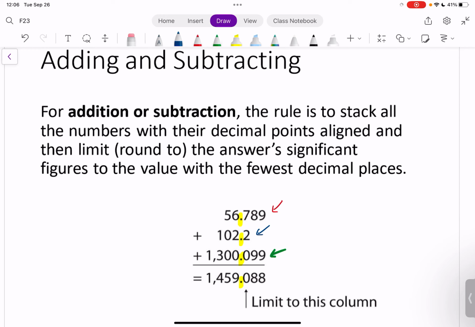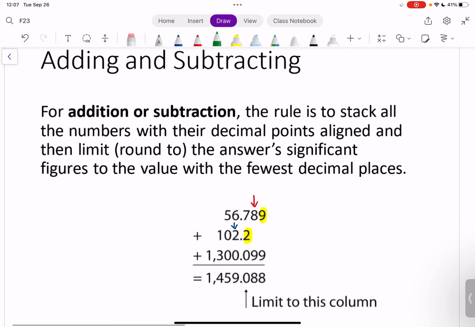And why is that? So think about the more accurate number is the one where you have more and more decimal places that you are certain of. So in this red one, we are certain to this decimal place, and this highlighted one is our estimated digit. In the next one, in our blue example, we are certain to this decimal place, and the last one in yellow is our uncertain digit.